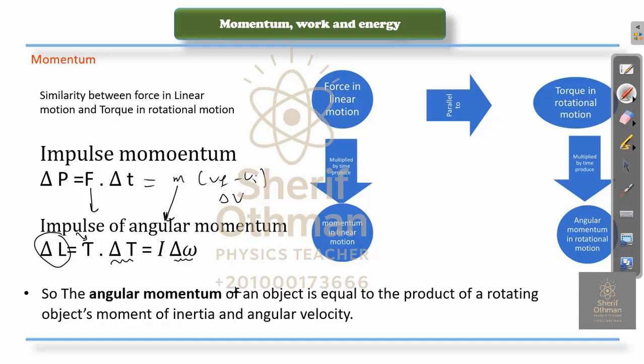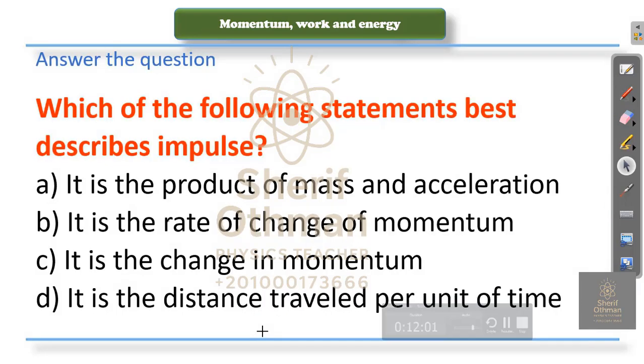So the angular momentum of an object is equal to the product of a rotating object's moment of inertia and angular velocity. Let's solve some questions.